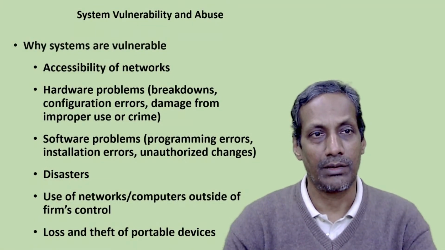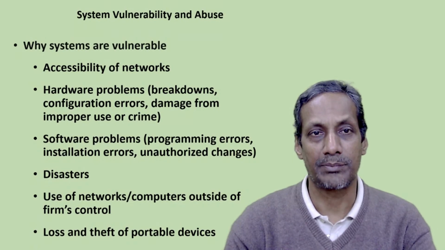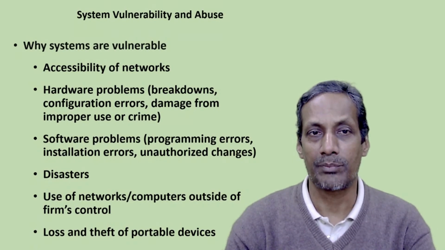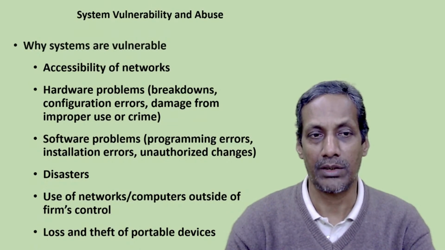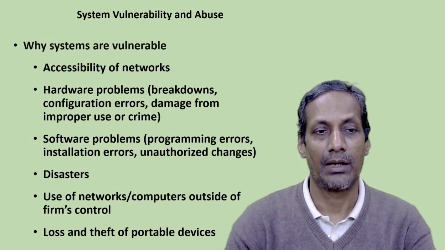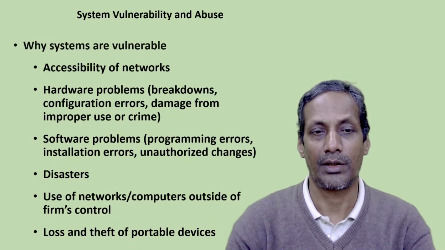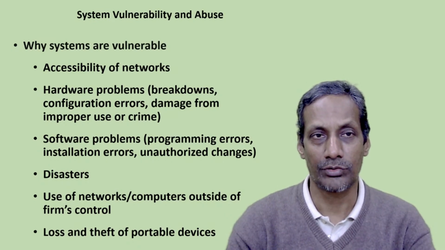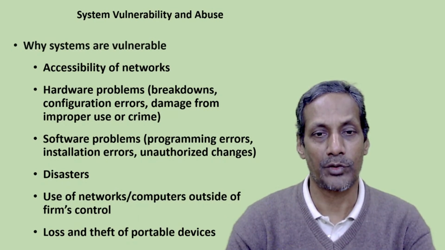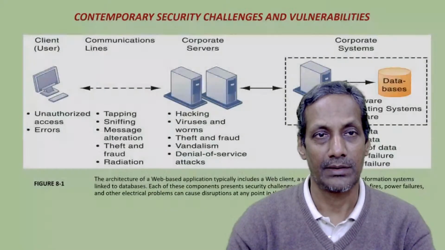Systems are vulnerable because of accessibility of networks, hardware problems, and software problems like programming errors, installation errors, unauthorized changes. Because of disasters, systems can become vulnerable. Because of heavy use of networks and computers outside of a firm's control, systems are also vulnerable to attacks. Systems are vulnerable to loss and theft of portable devices.